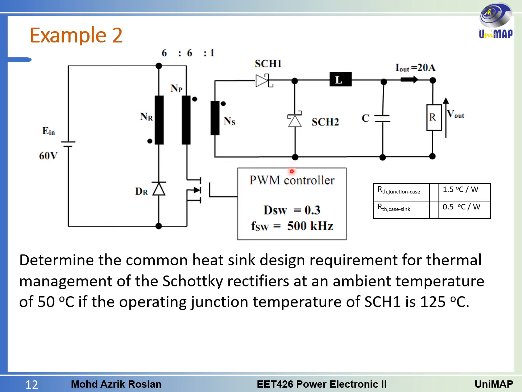So you have to be really careful. Sometimes for thermal management, the circuit doesn't have to be a forward converter. The question can give you a flyback converter or a push pull converter.